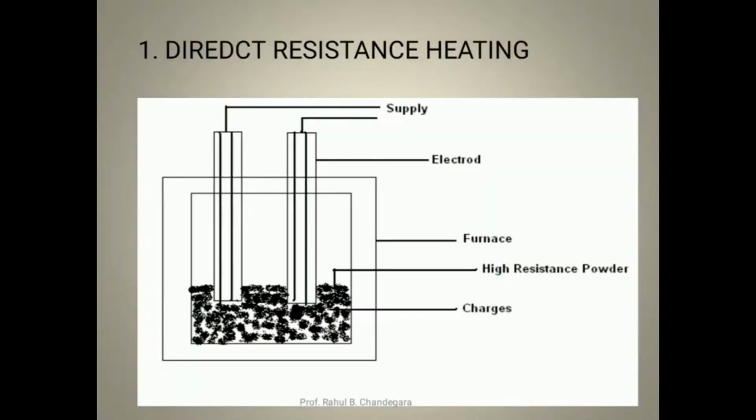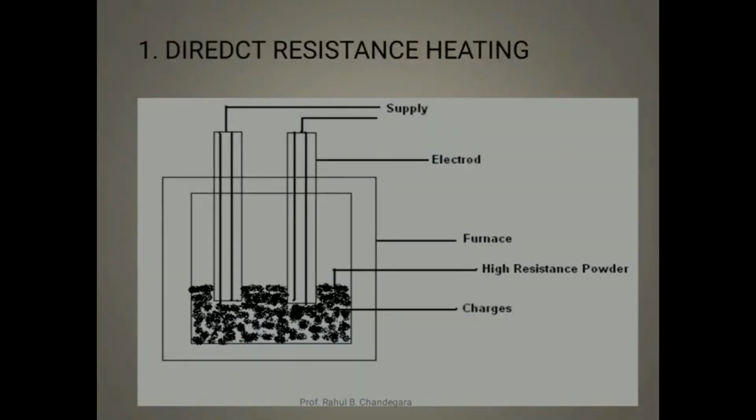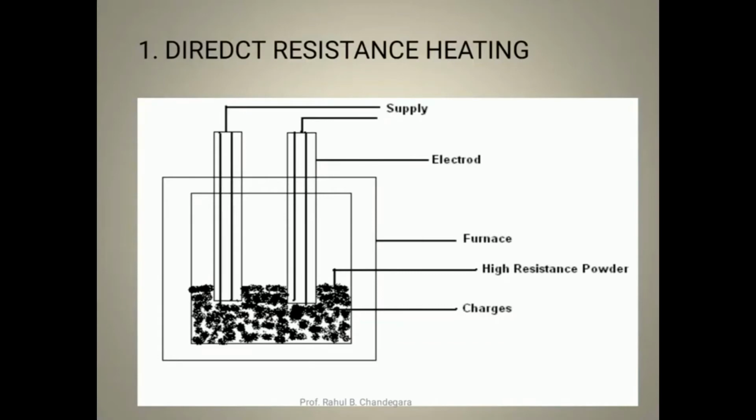This is the figure of direct resistance heating. There are two electrodes connected with the supply, one called the anode and the other the cathode. The supply is given to both electrodes, and they are in a chamber like a furnace. The electrodes and our charge are inside the furnace.